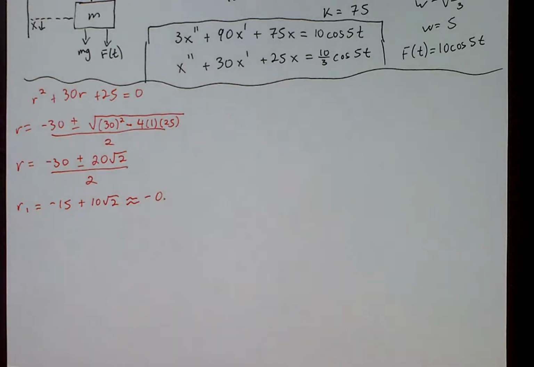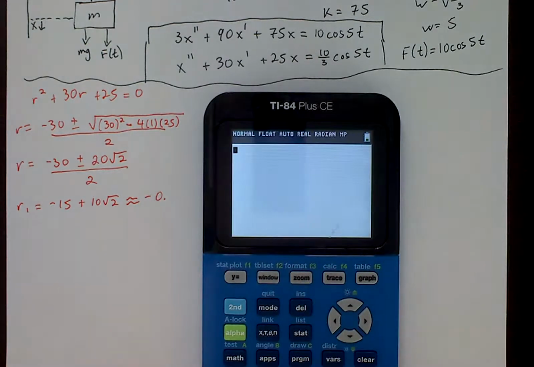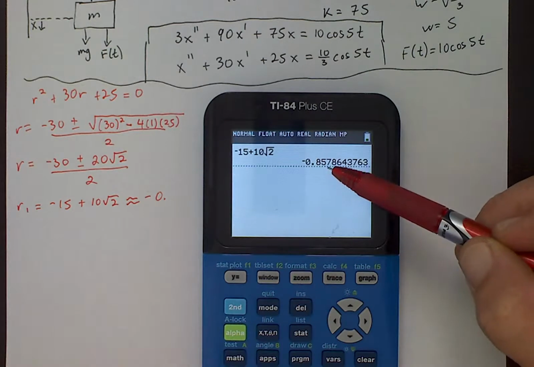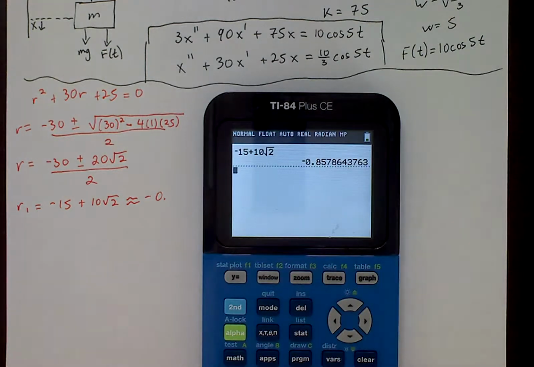Here, I'll just do it right now. Negative 15 plus 10 root 2. So I'm just going to round it to 0.858 for now. I am also going to store this in alpha d. You don't have to.